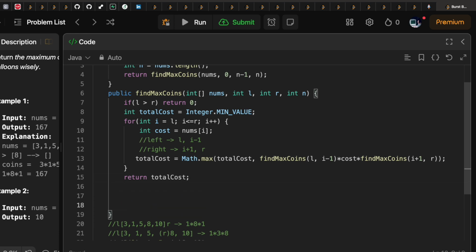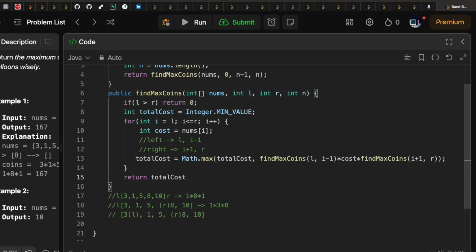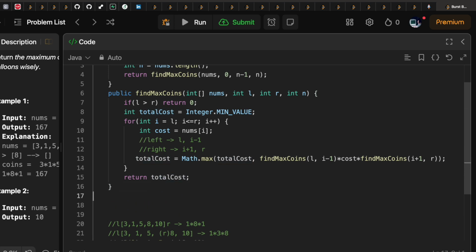Suppose we have these two values, 4 and 8. First we burst the 8 value.